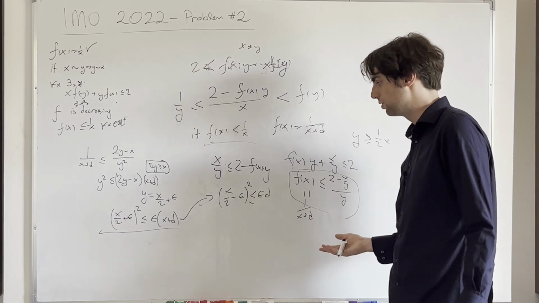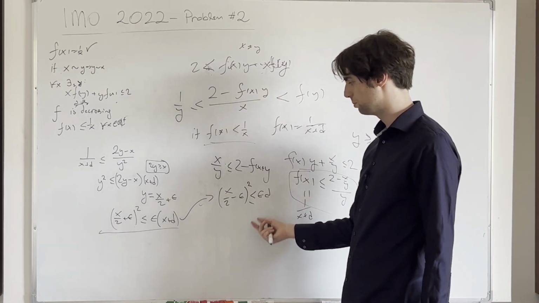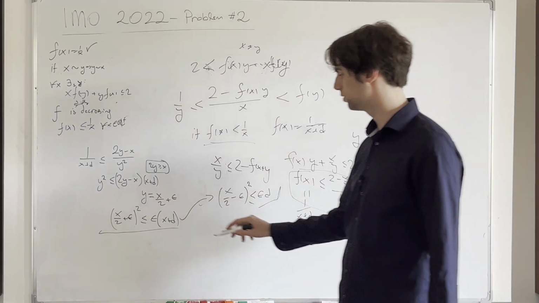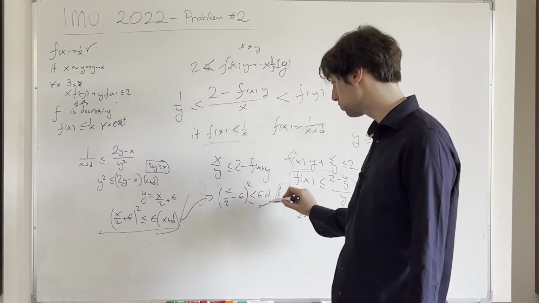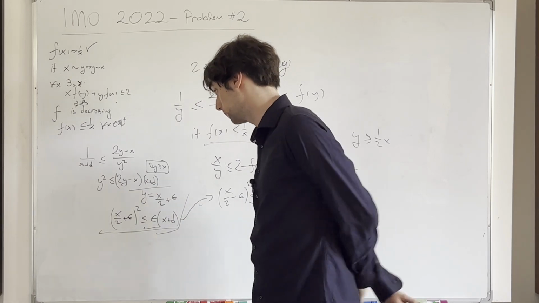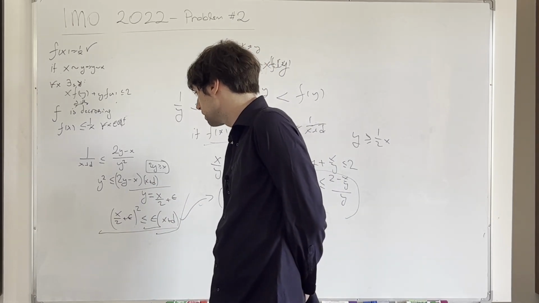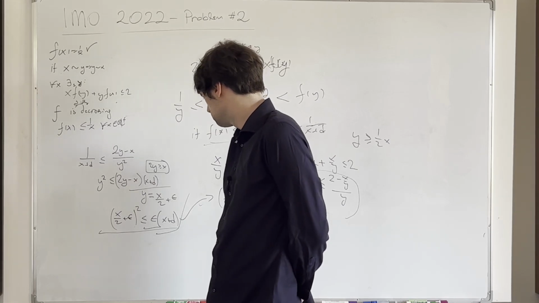So now if I just set epsilon to be equal to x over 2, then this thing will be true, and then so will everything else. So this thing will be true, and this thing will be true, and with that, this thing over here will also be true. And from there, it seems like we're done in a weird way.